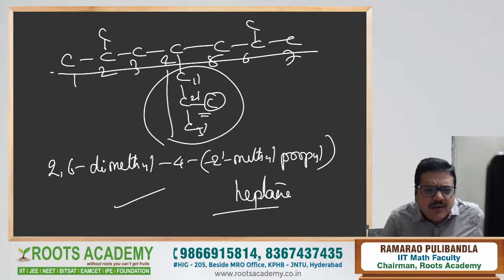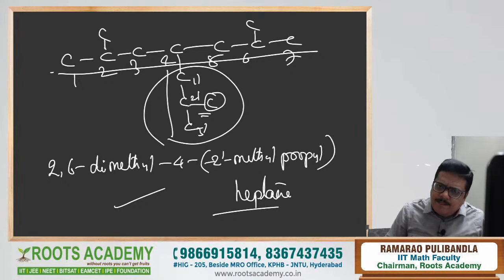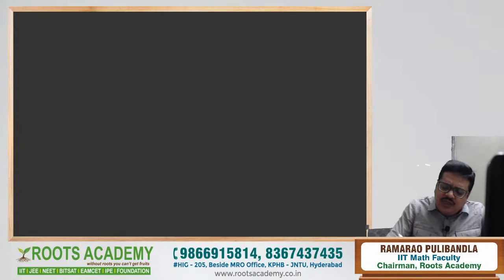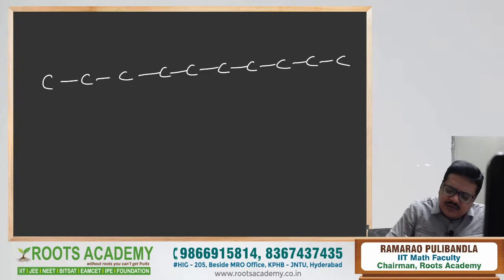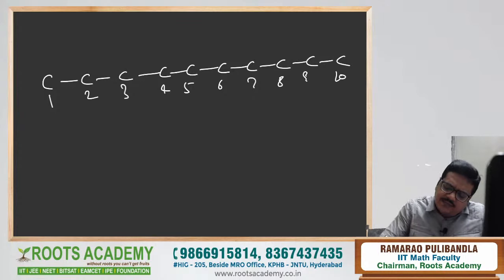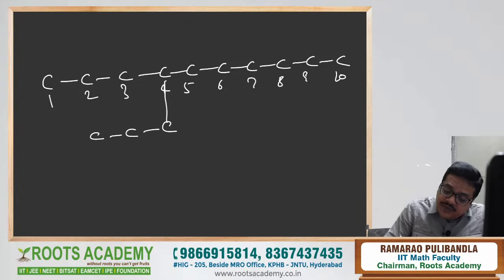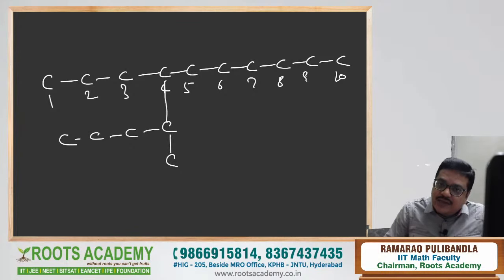Understood? Tell me all of you. This is another model. Now, if a carbon chain is there, 1, 2, 3, 4, 5, 6, 7, 8, 9, 10. At fourth place, I will write a carbon connected by a branch like this.